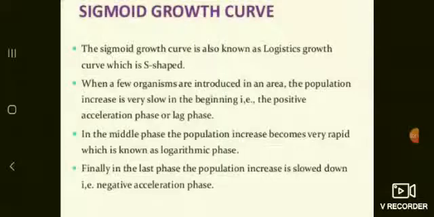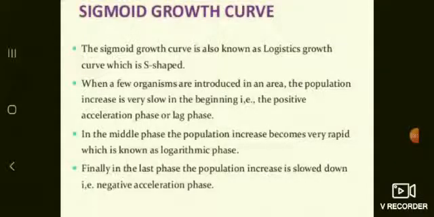Third is called logarithmic phase. It is the period of rapid rise in population due to the availability of food, requirements of life in plenty, and there being no competition. Population tends to double with each generation so that the growth curve rises upward.